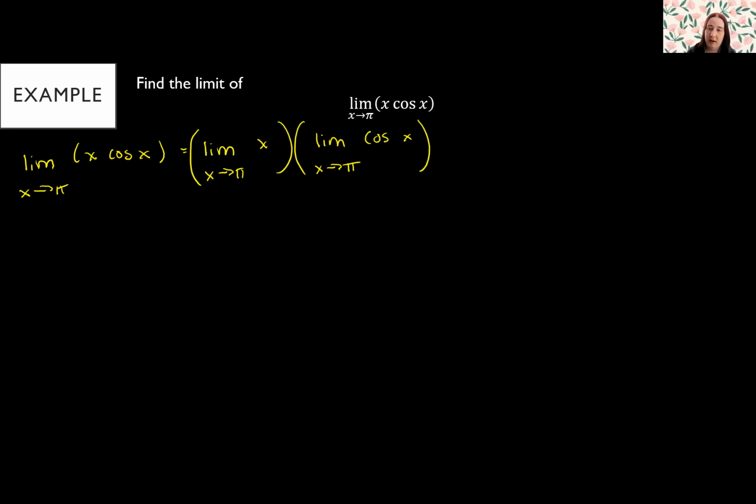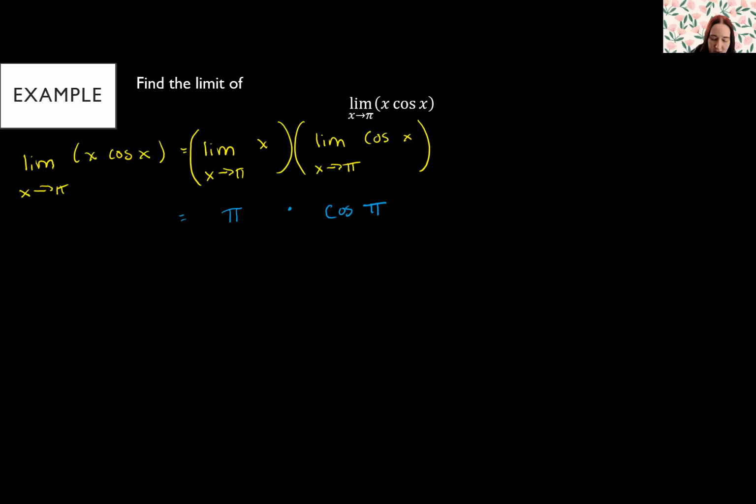For the limit as x goes to pi of x, you just plug in pi, and that's just going to give you pi. So you're going to have pi in front there. And then when you plug in pi into cosine of x, you're going to get cosine of pi. So now you have to go back to your unit circle and ask, what is the cosine of pi?